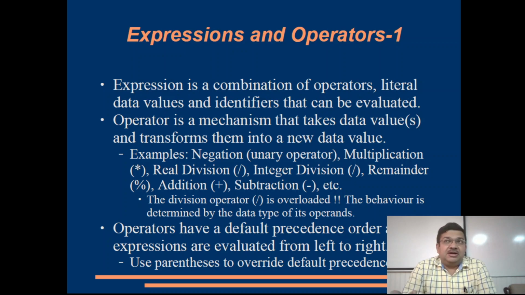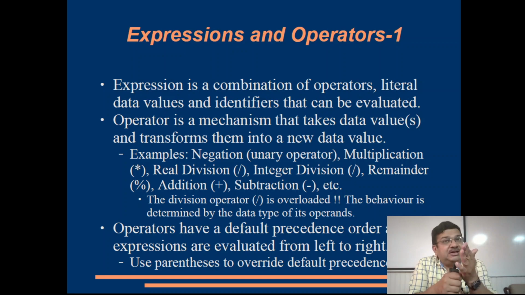In situations where the behavior of an operator is different according to the nature of the operands, this behavior is called overloading, right? So the output is dependent on what kind of input you have. To put this in context, a division operator is overloaded.